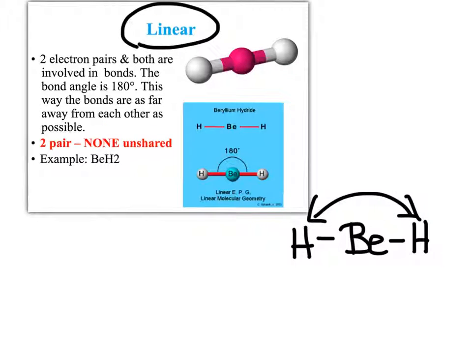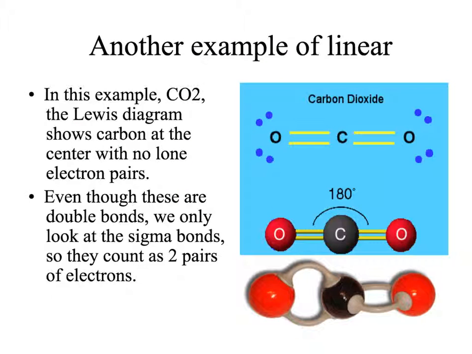And so when we have exactly two pairs of electrons, 1, 2, and they're both involved in sharing with something else, we end up with the shape of linear. This is another example of linear in carbon dioxide. It sort of appears like there's actually 4 pairs of electrons being shared.